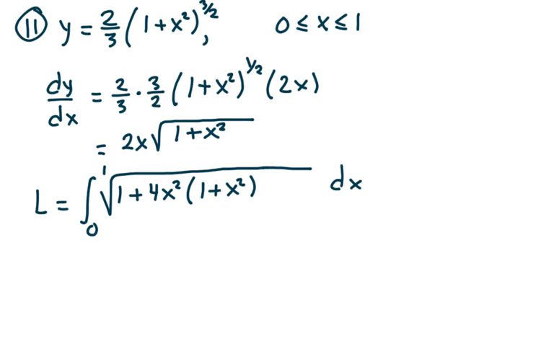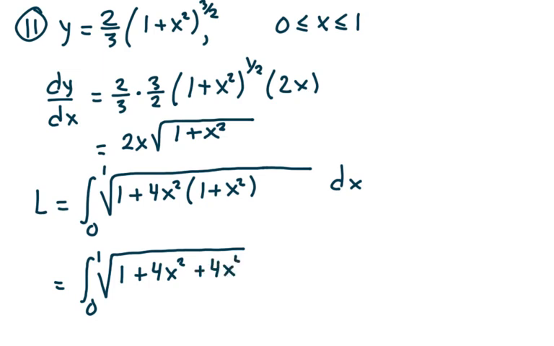Now, let's simplify what's inside the radicand. So this is the integral from 0 to 1 of the square root of 1 plus 4x squared plus 4x to the 4th dx.